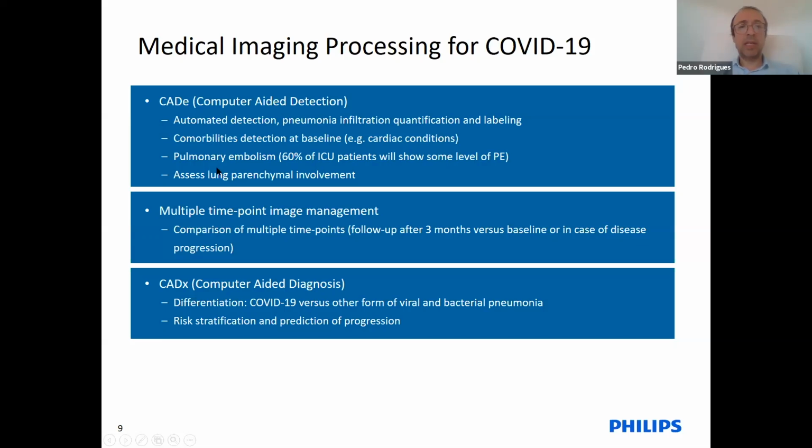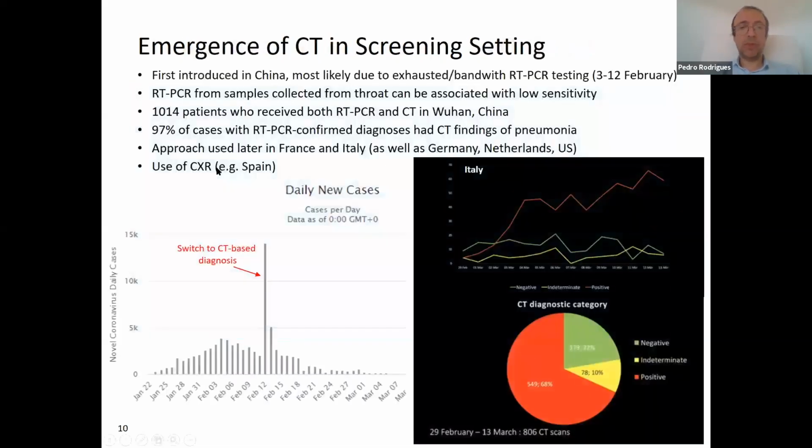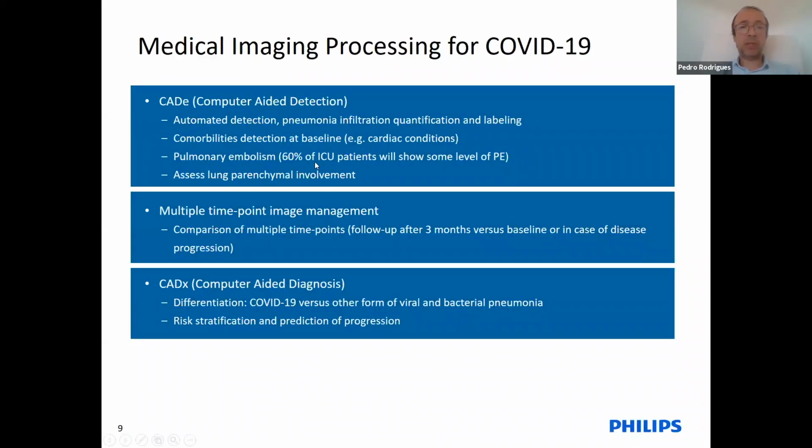And we are seeing, typically, at least in the Netherlands, a significant number of patients in ICUs who have some level of pulmonary embolism. So this is also part of management that needs to be addressed.